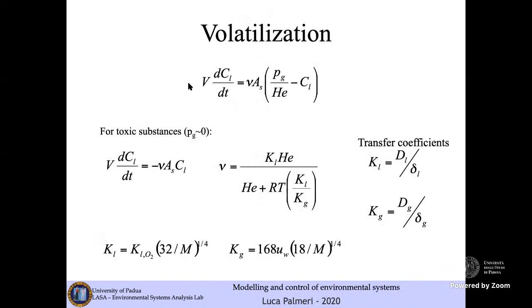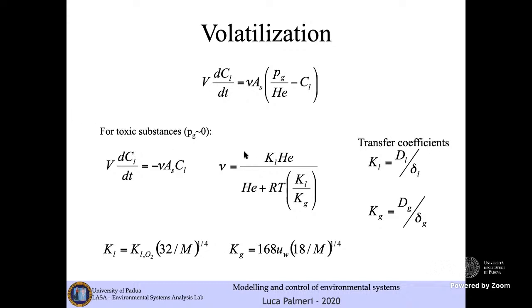The volume times the variation in time of concentration of the liquid phase is equal to a rate constant representing the rate of exchange or transfer coefficient, multiplied by another figure that represents the area of the interface, in particular, if you were thinking lakes, that may be the water surface of a lake, and this is multiplied by a potential difference of transfer, like in the case of Ohm's law, in which we have a difference between the concentration in the gaseous phase minus the concentration in the liquid phase at the interface. So we are still applying the Whitman two-film theory.